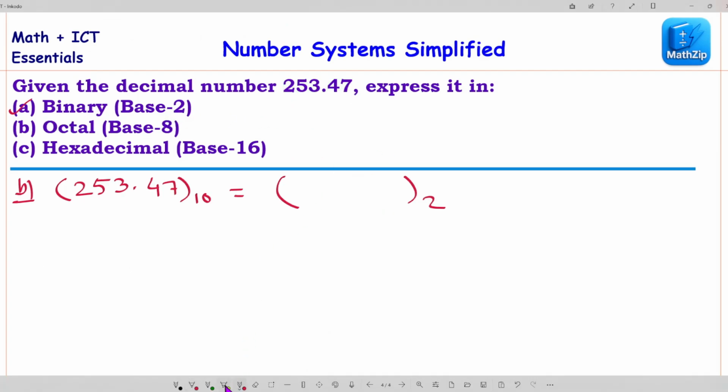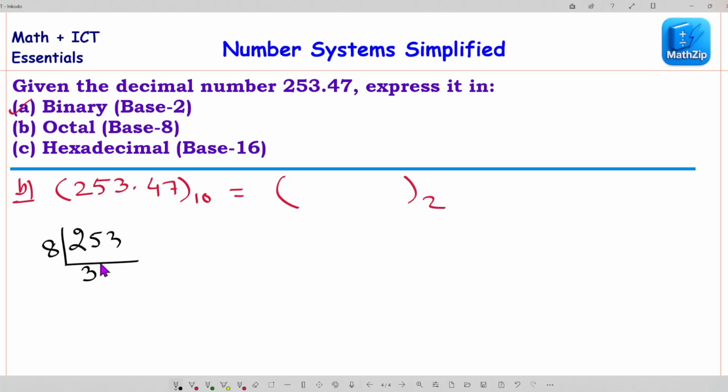Okay, so our first conversion, decimal to binary, is done. Now we will convert to octal. So here is 253. First we have to divide by 8. So what will happen? 3 times 8 is 24. So 3, and 25 minus 24 is 1.